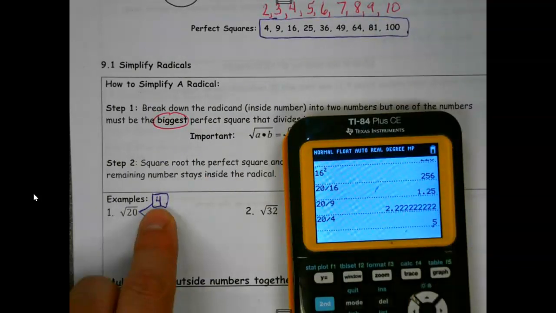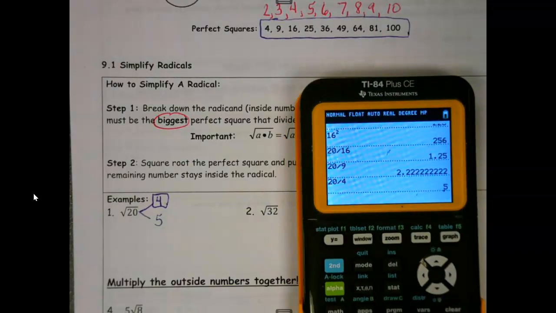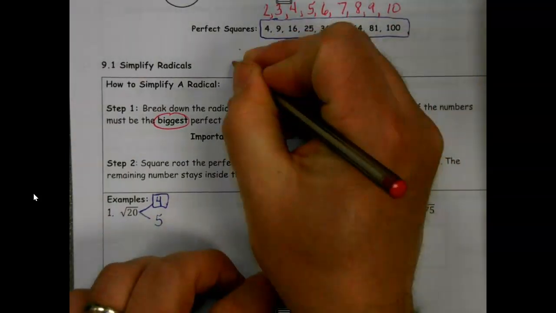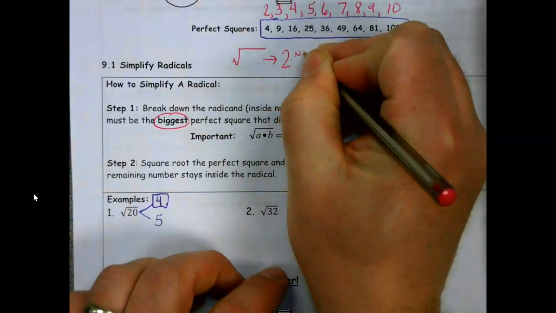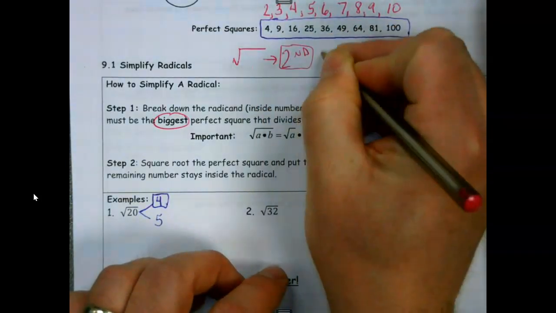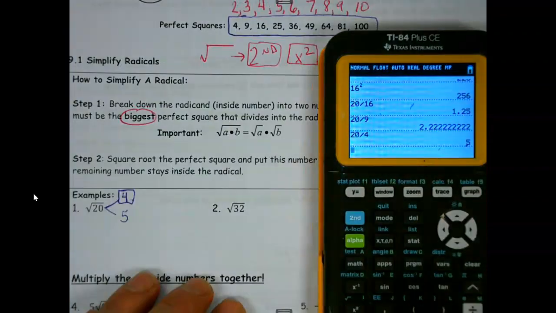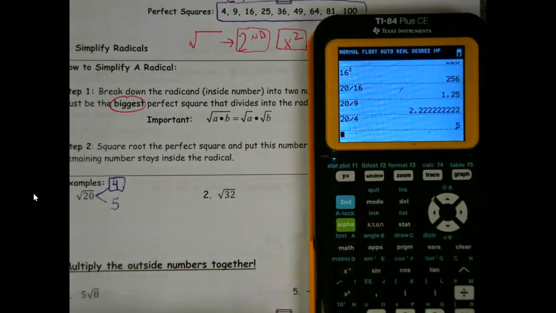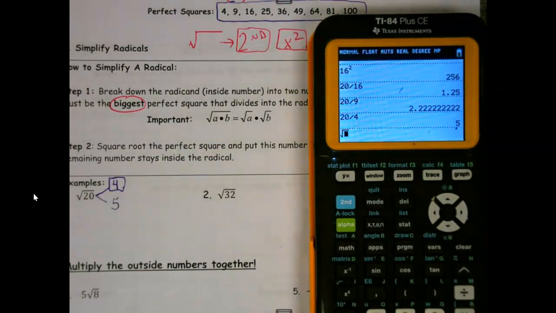So my number that I boxed in, we're going to do the square root. You're like, okay, now how do I do square root? To get the square root, we're going to do second and x squared on these calculators. So here, if I want the square root of 4, I do second and x squared. There's my square root.